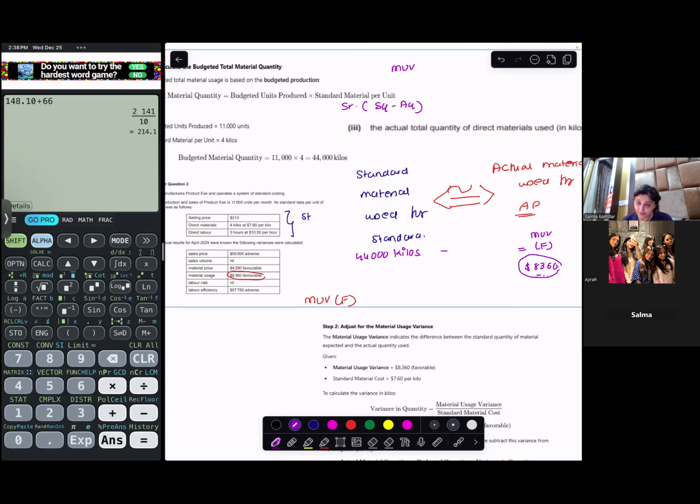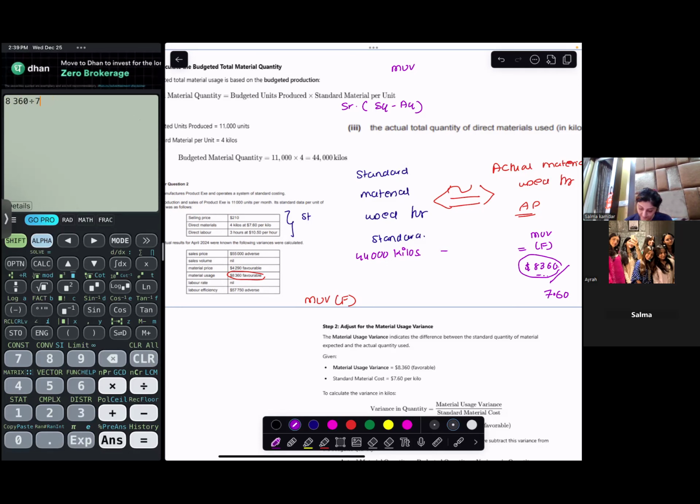This is the usage variance in dollars. So if I divide it by the standard rate, what is the standard rate? It's 7.60. So if I divide 8360, I get 1,100.